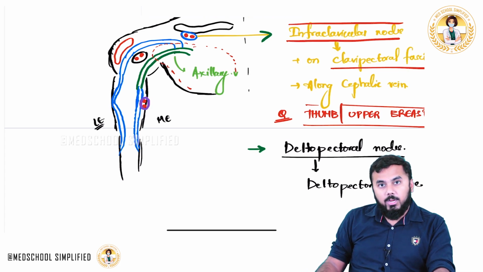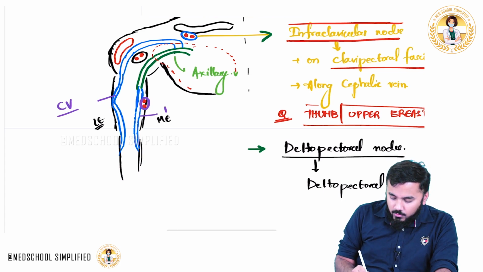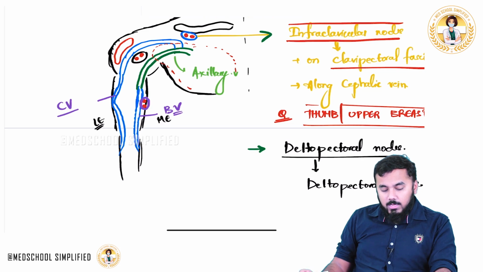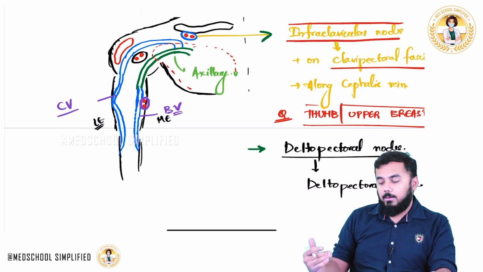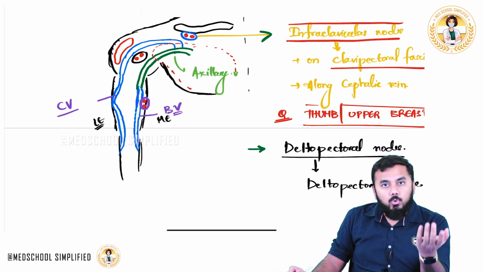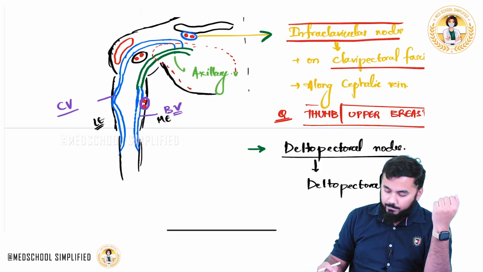They are along the basilic vein, right? This is the cephalic vein and this is the basilic vein. These lymph nodes are called superficial cubital, because this is the cubital fossa. Above the cubital fossa you have these lymph nodes, so you call them superficial cubital or supratrochlear lymph nodes.